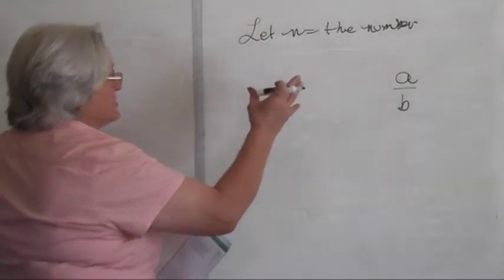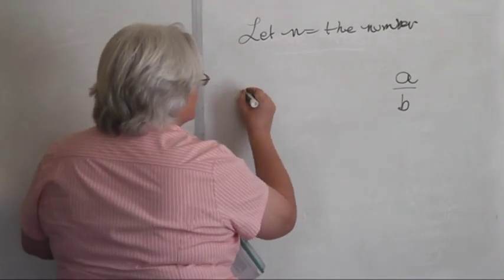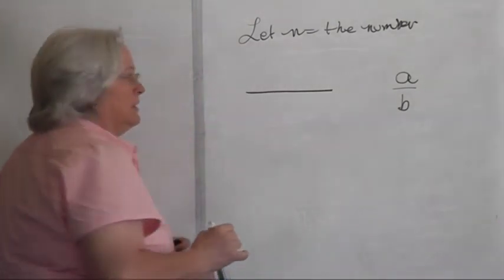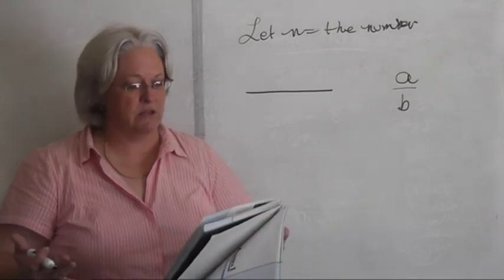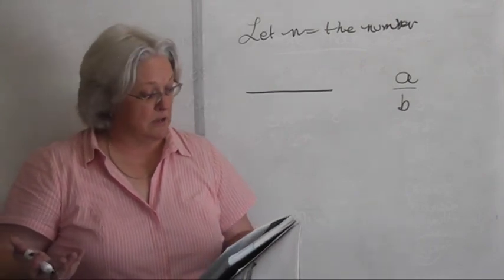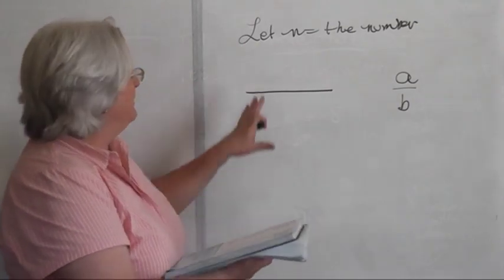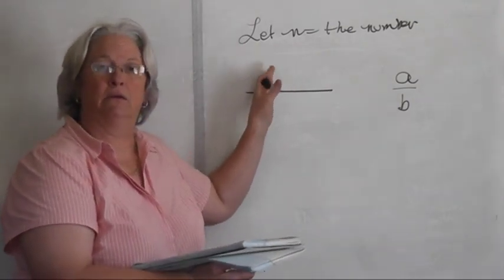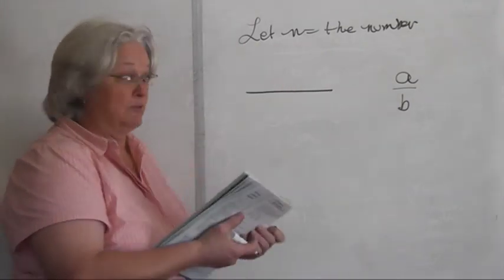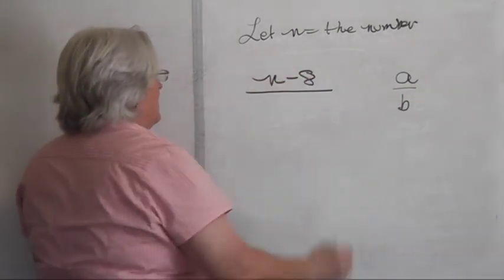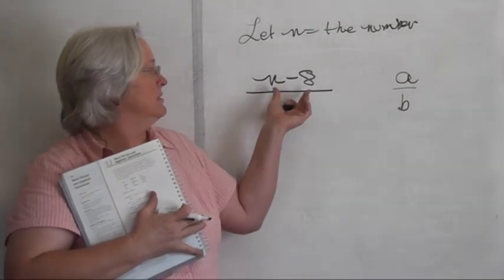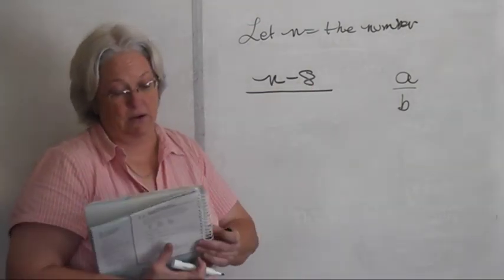So we have the quotient of, it's saying, we're going to have something here that looks like a fraction. Well, does it say, well, the numerator is? No, it doesn't. It says the quotient of the difference of a number and 8. What is difference? Difference is subtraction. The difference of a number and 8. This is the difference of a number and 8.